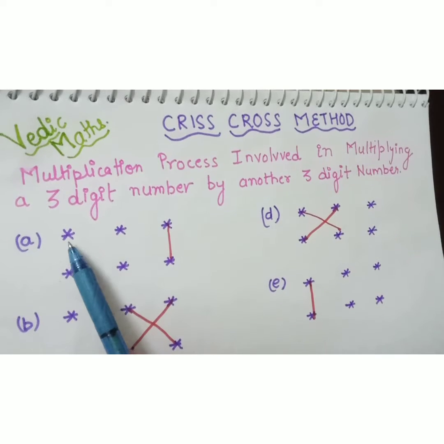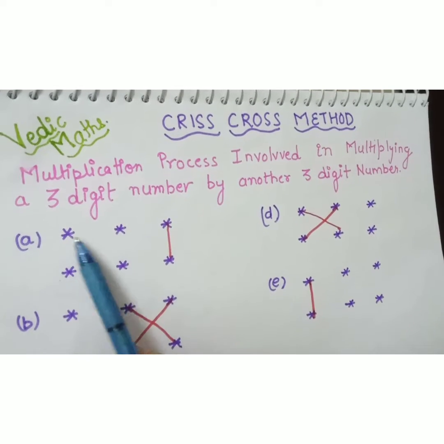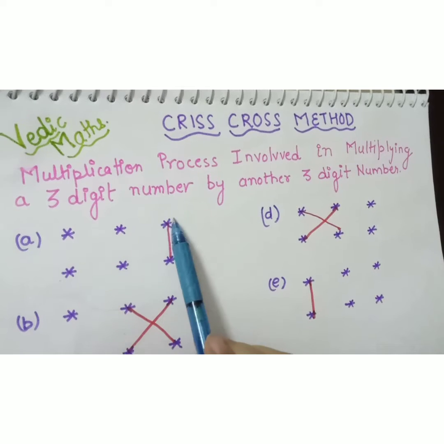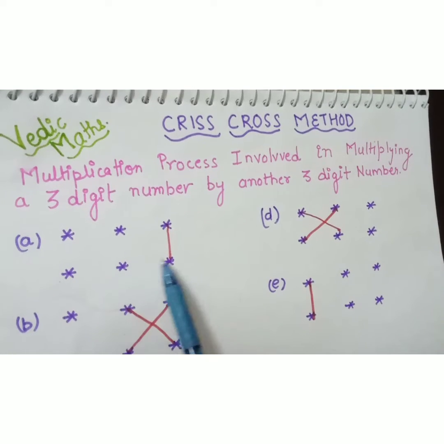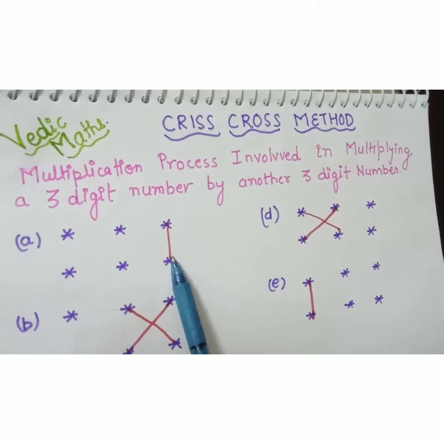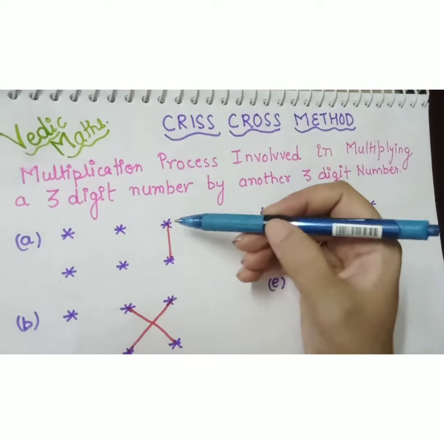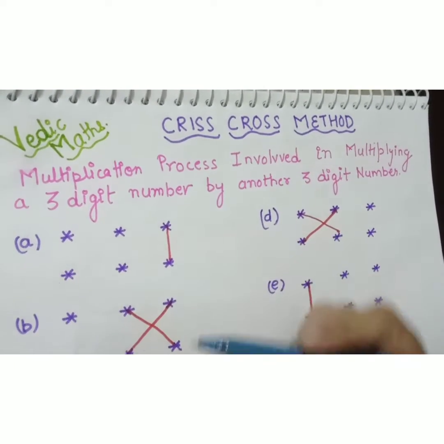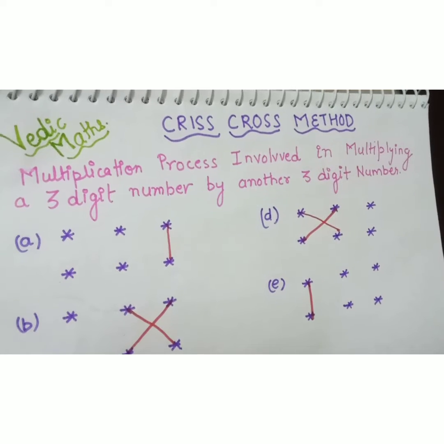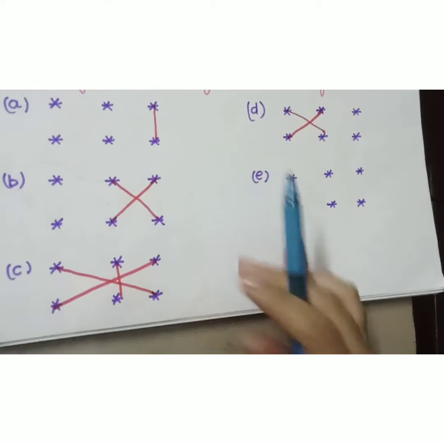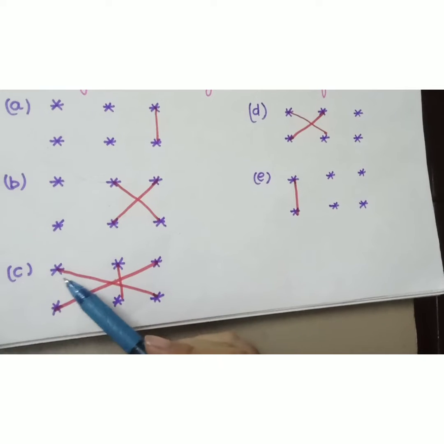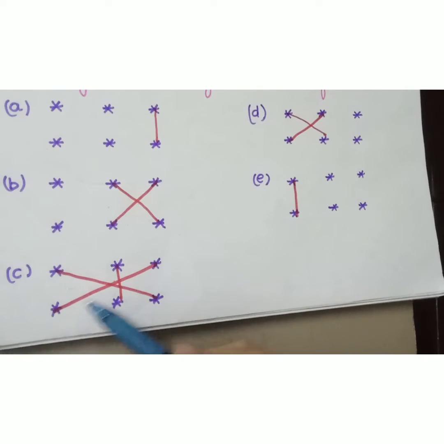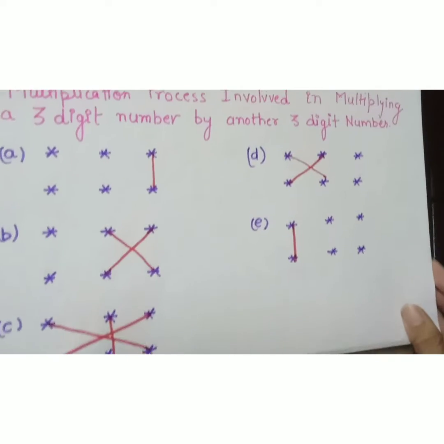Here I have made 3 stars. These 3 stars represent the 3-digit number, and below, 3 stars represent the other 3-digit number. Similarly, all the stars represent 3-digit numbers, and this is the I formation and this is the cross formation. In the next step, the C part, there is a cross formation, 3 dots, cross formation and I formation.